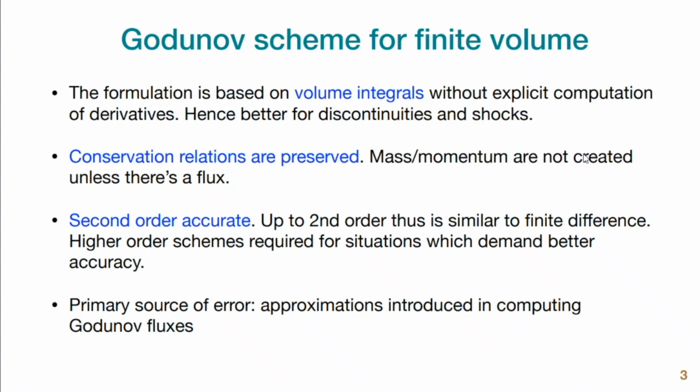So if everything is nice and preserved, where is the source of errors? We are saying that mass is conserved, momentum is conserved, everything is nice, shocks are well resolved. The errors come when you actually try to compute the Godunov fluxes. Since Pratik has already introduced this, I will take the liberty to just say what the Riemann problem is. So you heard the word about the Riemann problem, right?